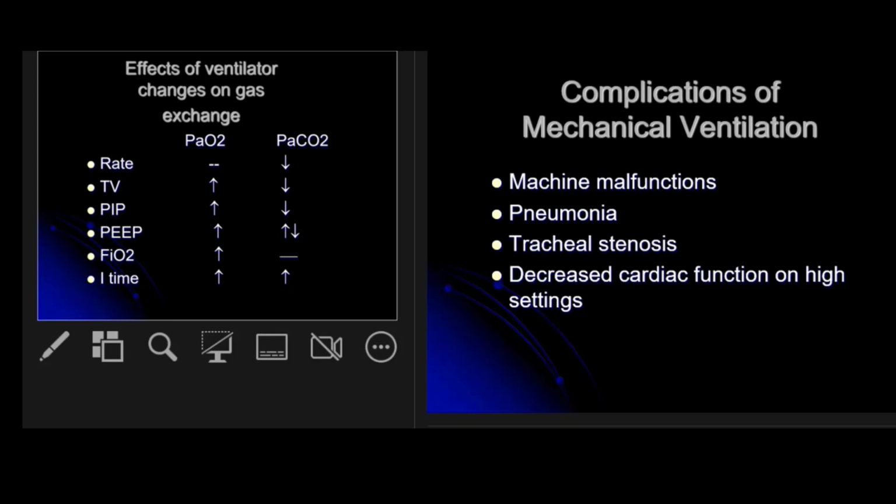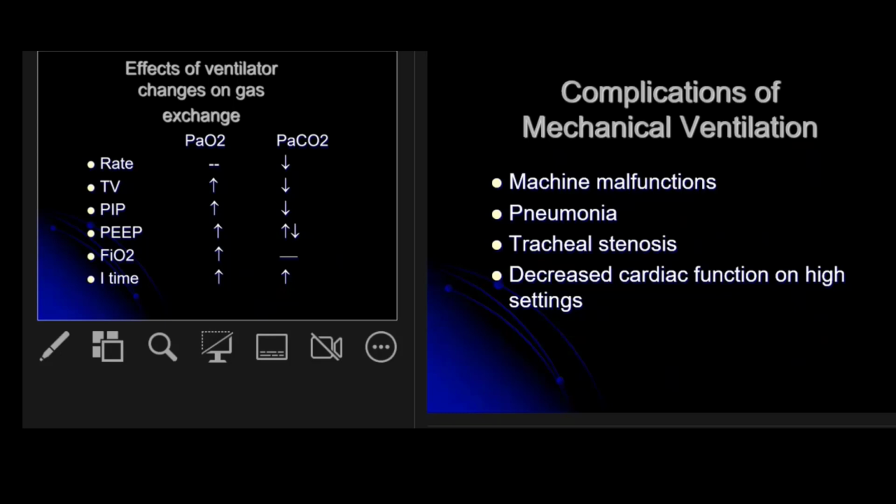Questions? Everybody's good? Yes. Delta is difference. So if you have a PIP and you've got a PEEP, the difference between those two is equal to delta P, or change in pressure.